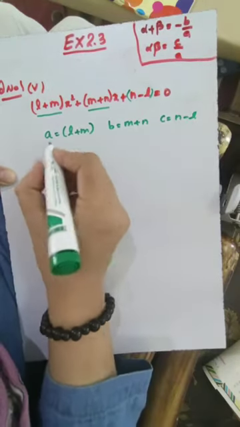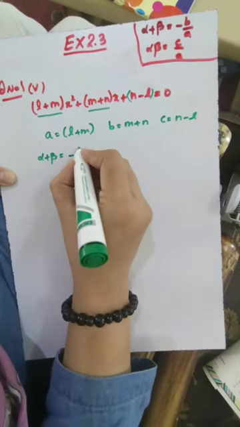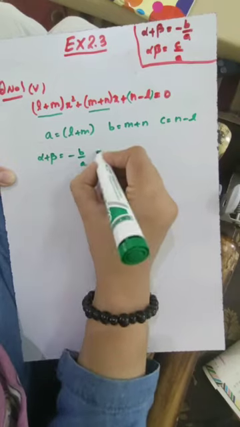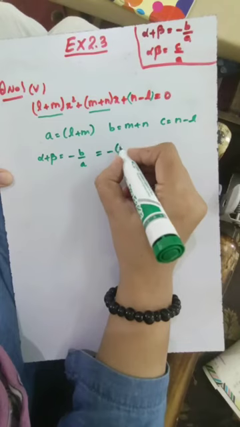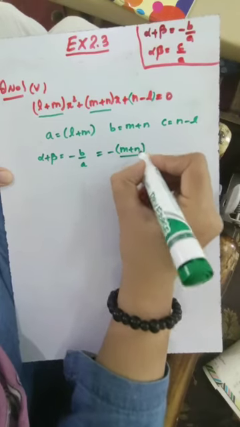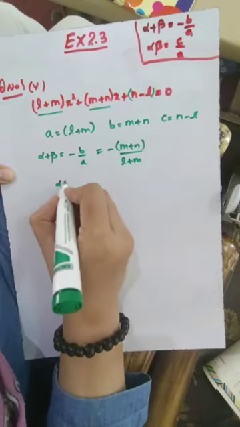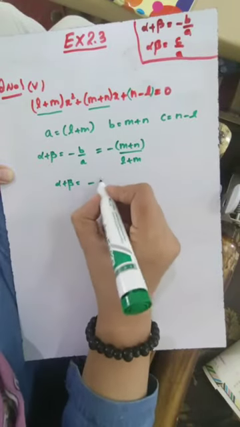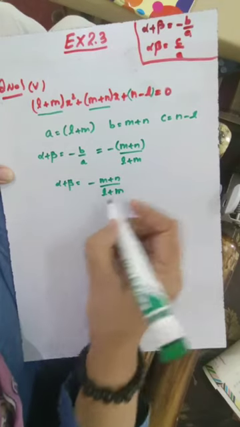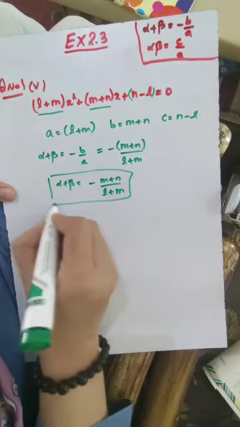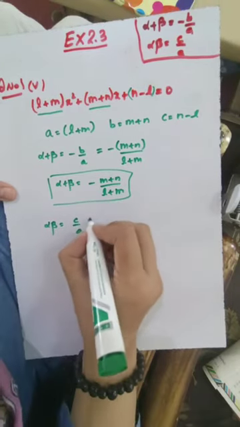Now if you want to find the roots of the equation, alpha plus beta is equal to negative of b over a. Over here b is M plus N and a is L plus M. So alpha plus beta is equal to negative of M plus N over L plus M. This is the sum of the roots, and the product of the roots will be c over a.